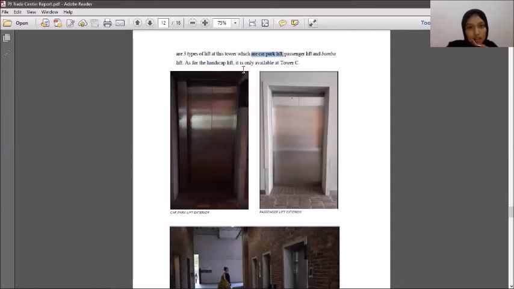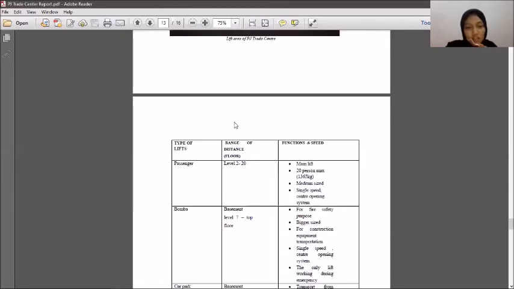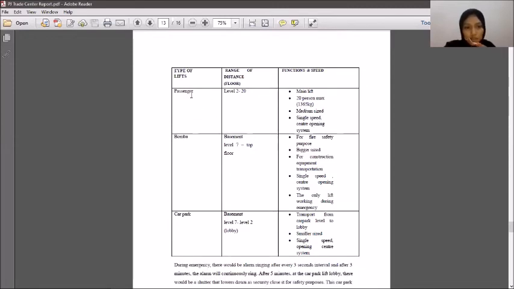For Tower C, they only have a handicap lift. The handicap lift is only available at Tower C. This is a shortened explanation. Basically, the 3 types of lift inside PJ Trade Center are passenger, bomber, and car park.